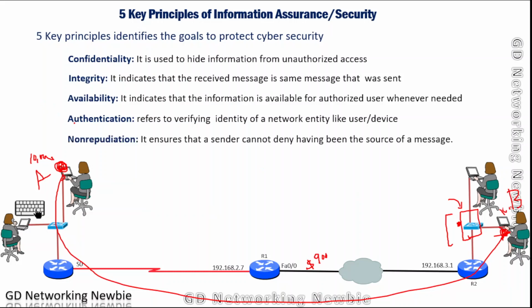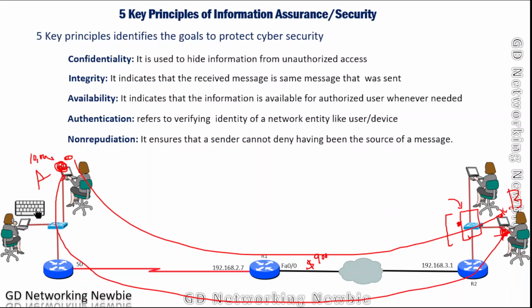The last principle is non-repudiation, and this principle ensures that the sender cannot deny having been the source of a message. Let's say this user sends a message to this user, and after some time the user denies that they sent that message.